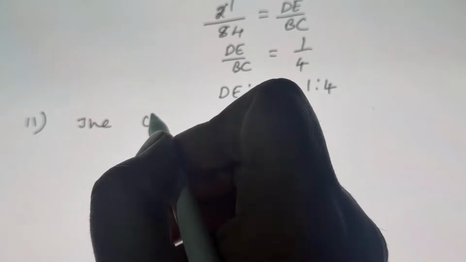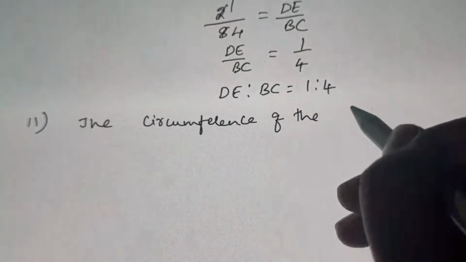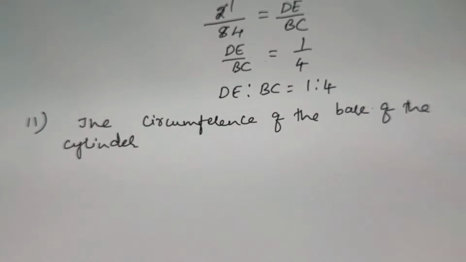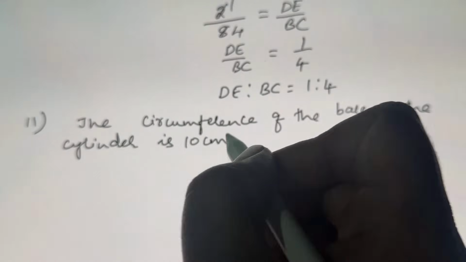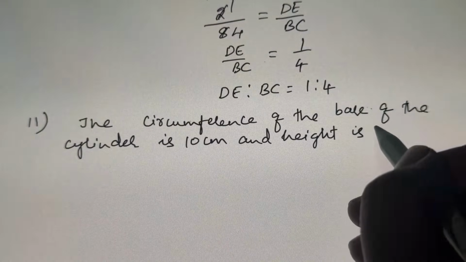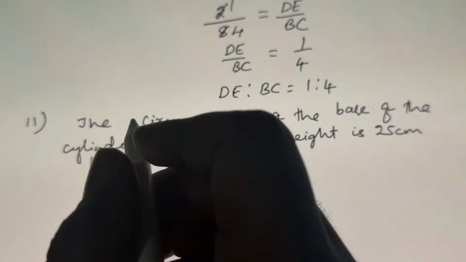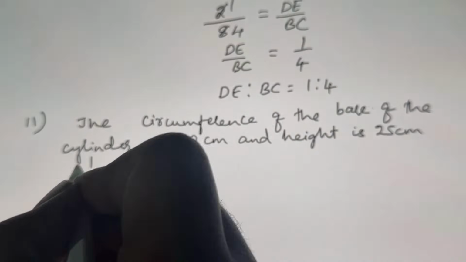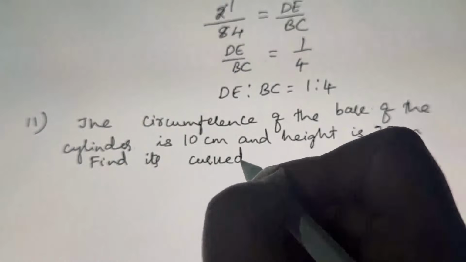The circumference of the base of the cylinder is 10 centimeter and height is 25 centimeter. Find its curved surface area.